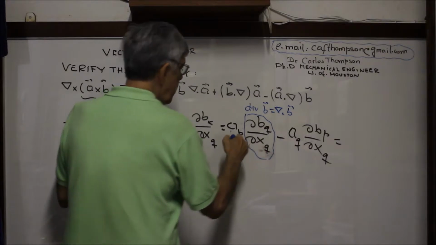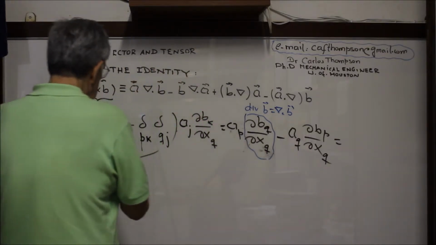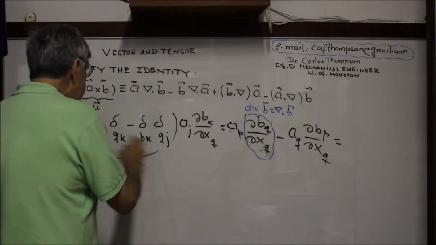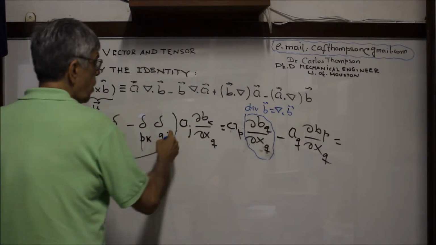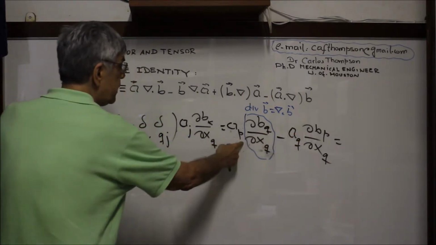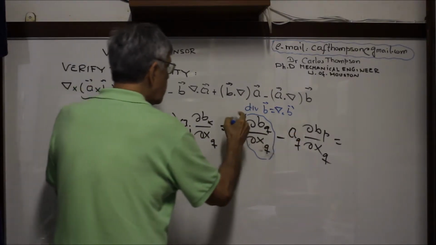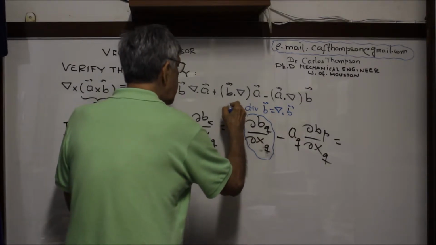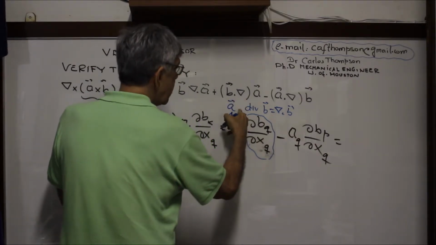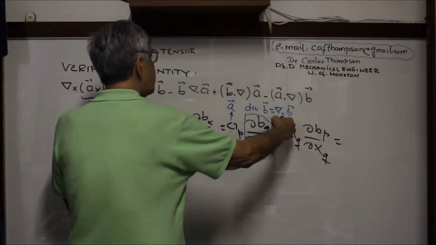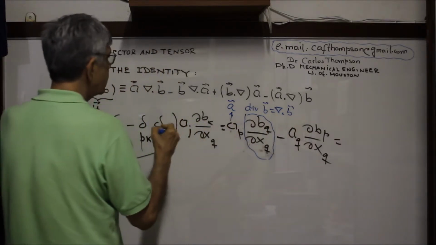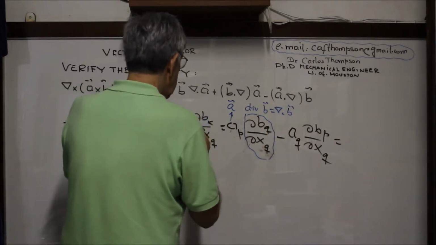Clearly this. You see, look, the free index in all this term here is p, so this is a vector. So here is a vector a. So this is a divergence of b in this case, okay?